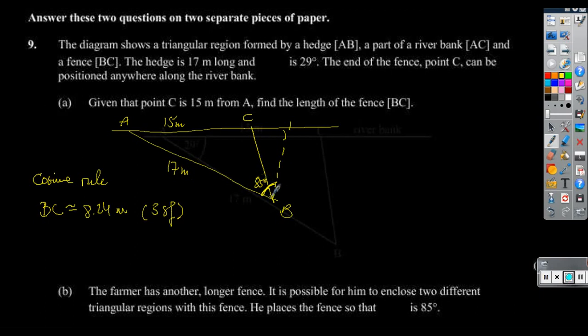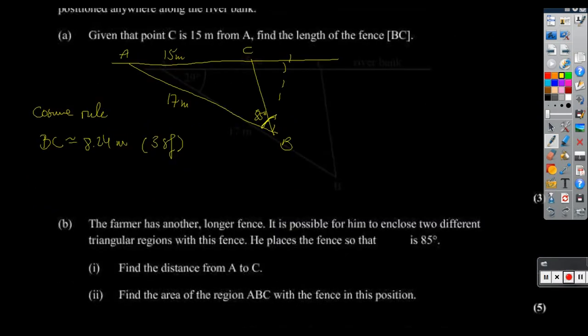So this is 85 degrees. Okay, we have an alternative position for the fence. And in this case here, we can then use the sine rule. That's question B. Use the sine rule to get AC equals approximately to 18.5 meters.